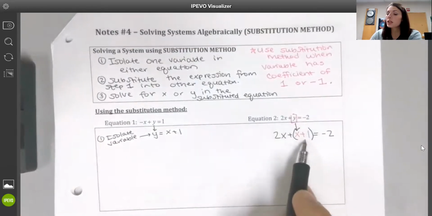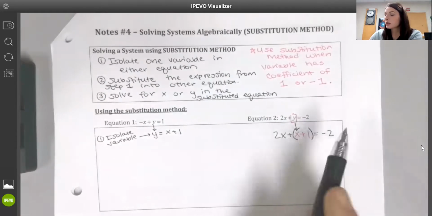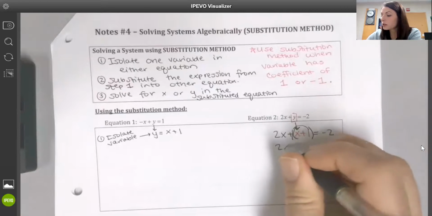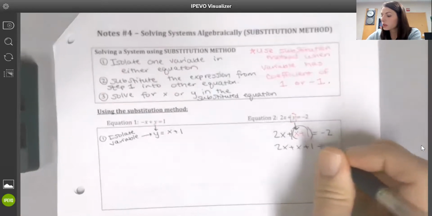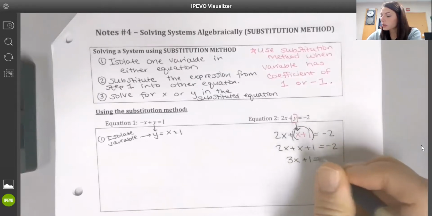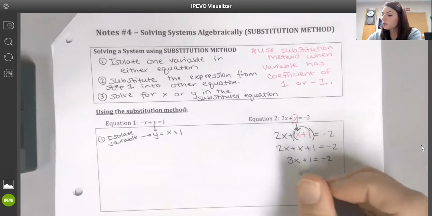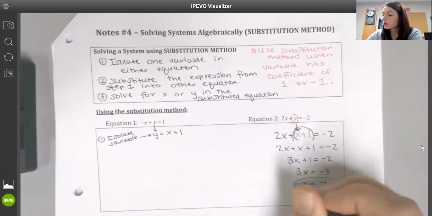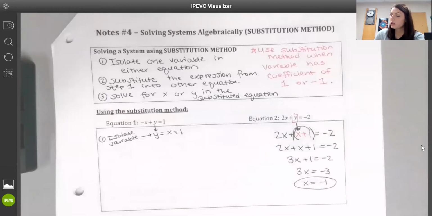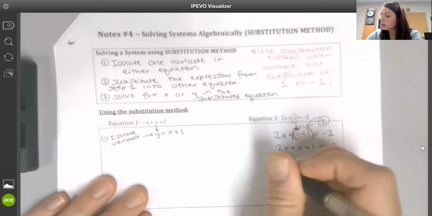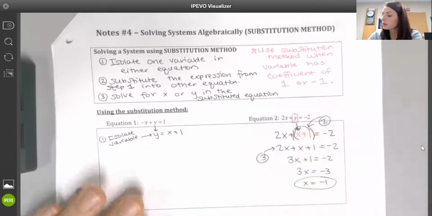By substituting in, it allows me to solve. Like I said, I don't need this parenthesis, because it's just 1 there. So I just have 2x plus x plus 1 equals -2, or 3x plus 1 equals -2. 3x equals -3, and x equals -1. Here's step 2, and here's step 3.